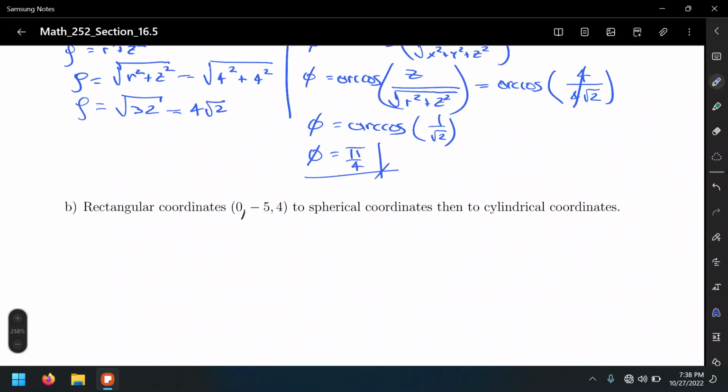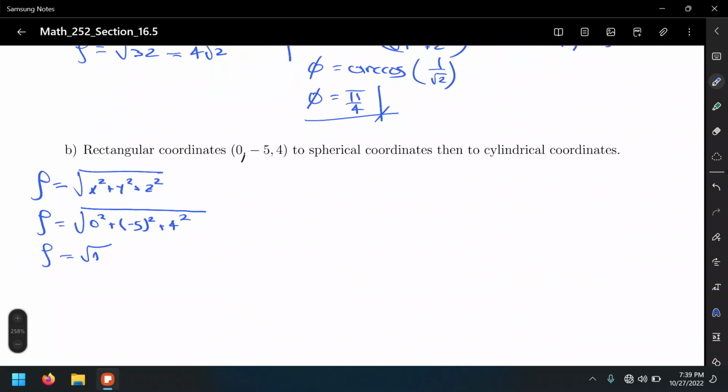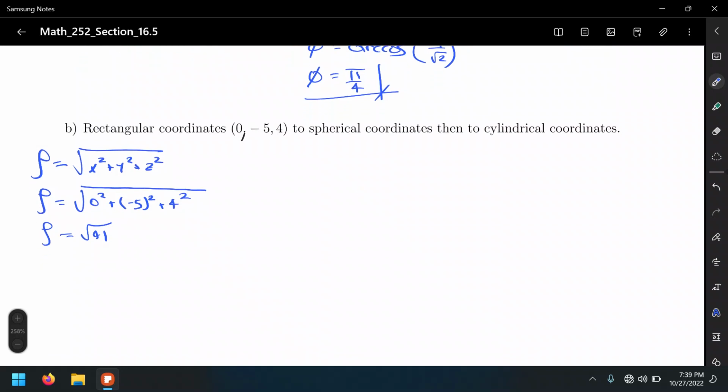Rho equals the square root of x squared plus y squared plus z squared, so the square root of 0 squared plus -5 squared plus 4 squared. That reduces to the square root of 41. This is not going to be a nice number, so we're going to leave it in its exact form, not in decimals. So that's rho.